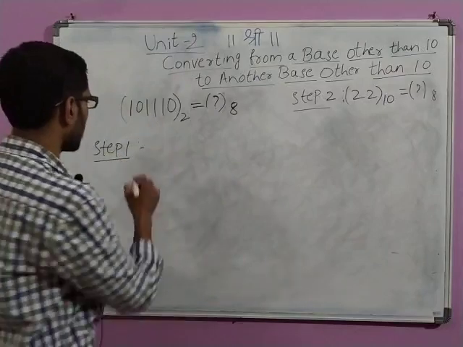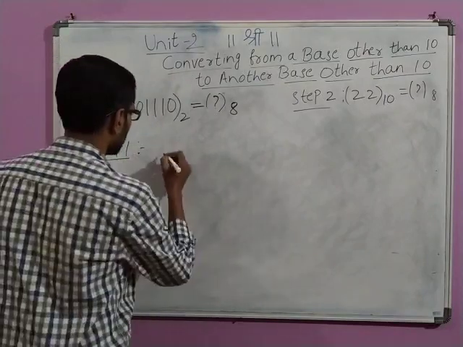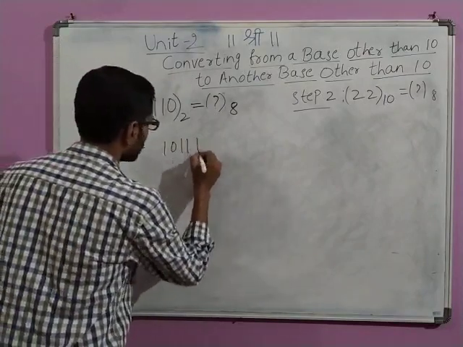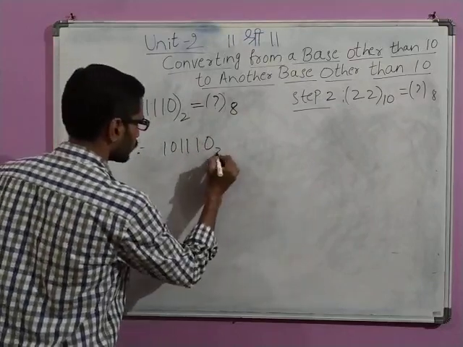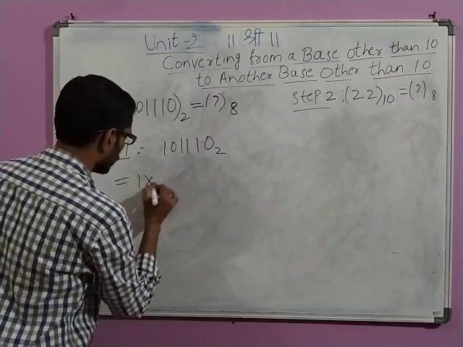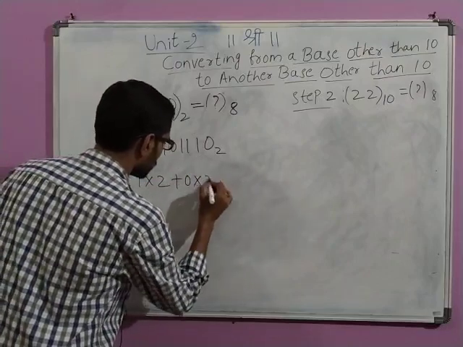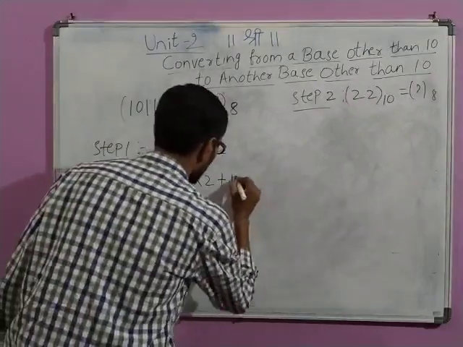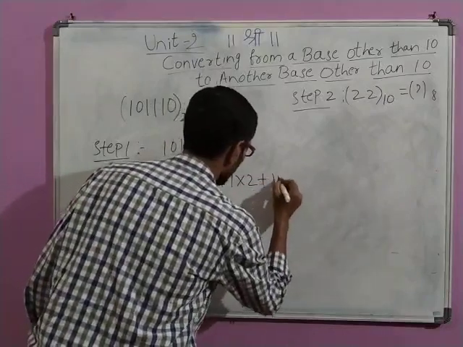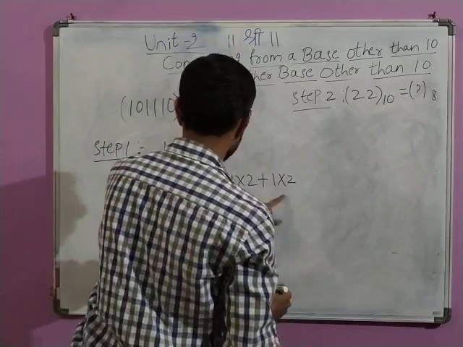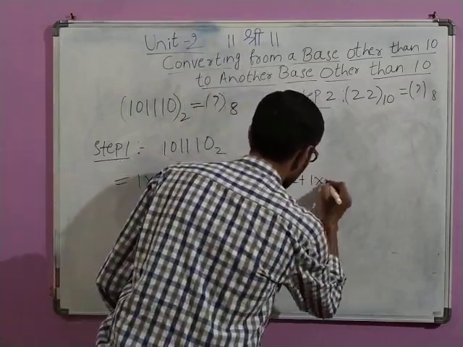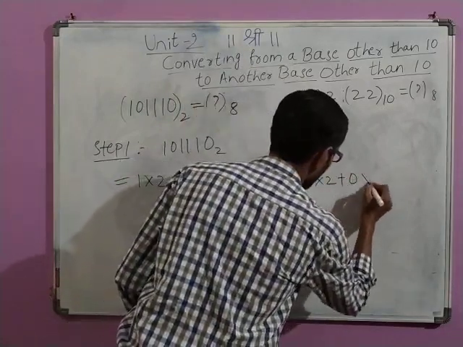Take this binary number and convert it to decimal. 1 0 1 1 0 to the base 2 it is. So 1 into 2 plus 0 into 2 plus 1 into 2 plus 1 into 2 plus 1 into 2 plus 0 into 2.